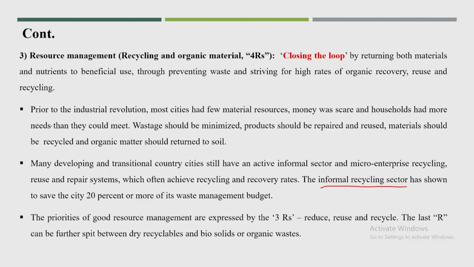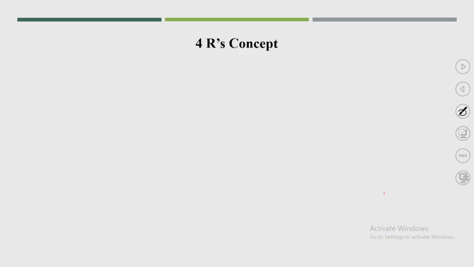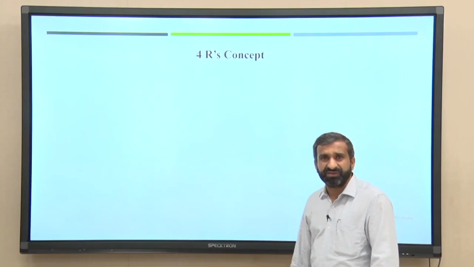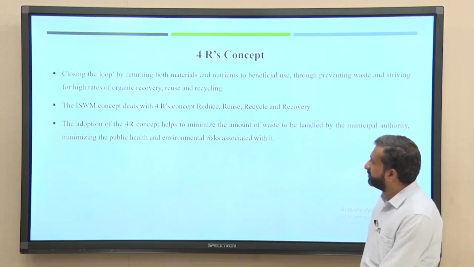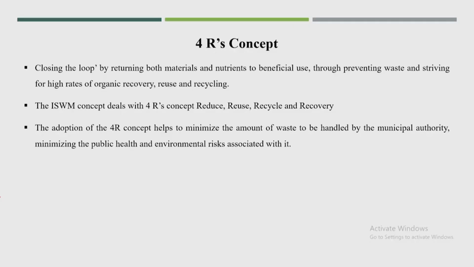Okay. So, the 3 R's are reduce, reuse, recycle. Okay. So, this is the 4 R concept. Normally this 4th R is specially given for developing countries, especially like India. So, closing the loop by returning both material and nutrient to beneficial use.